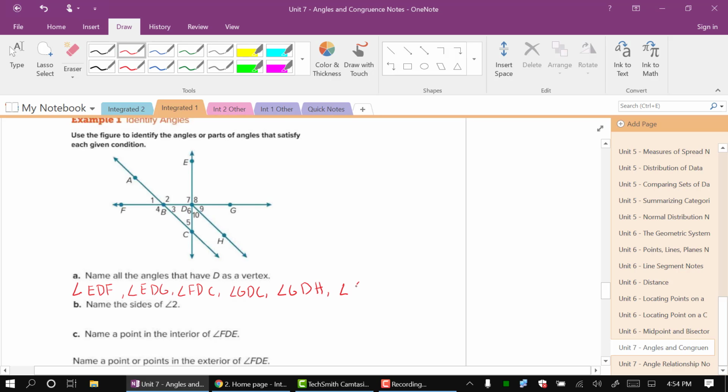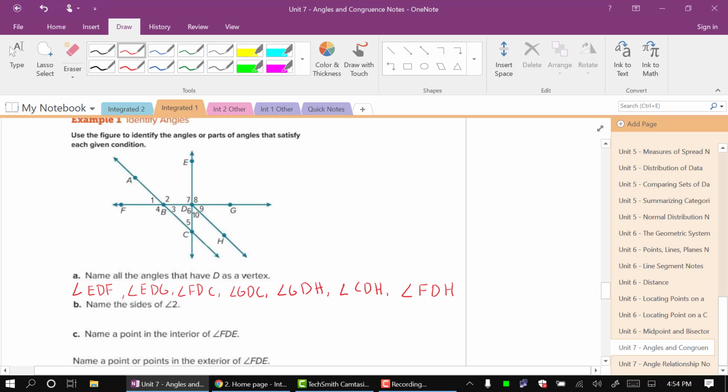Angle CDH, and then lastly, angle FDH. You can pause the video and trace each of these angles on here and find out where they are. So EDG would be this angle right here, and GDH would be this angle right here.